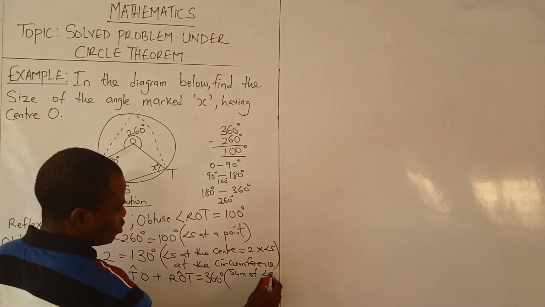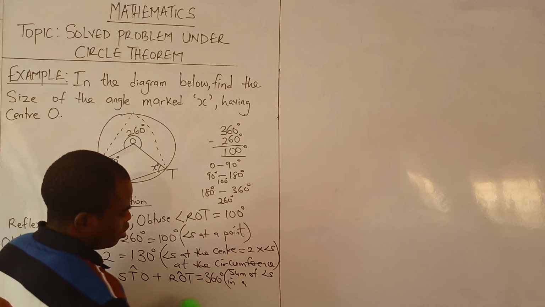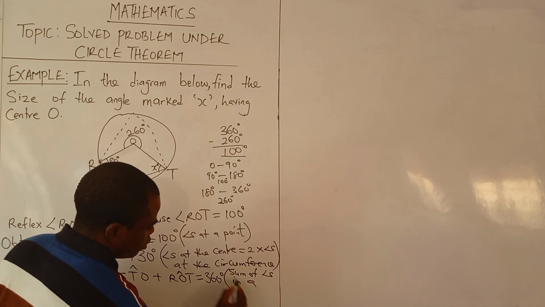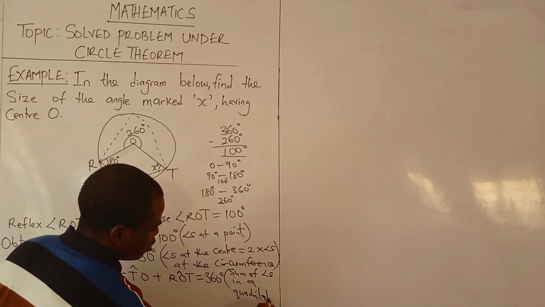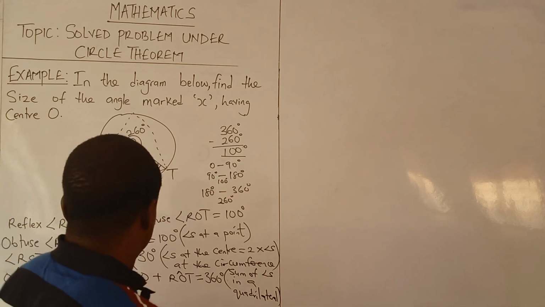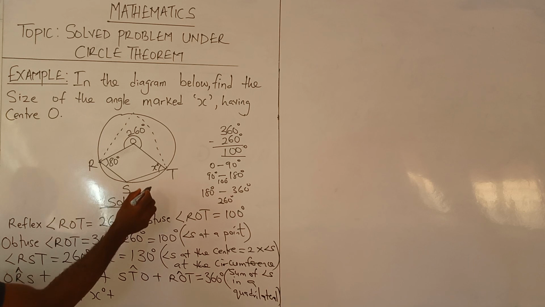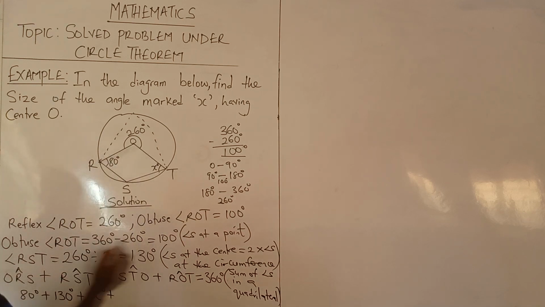Sum of angles in a quadrilateral. Okay, you now have ORS, which is 80 degrees, plus RST 130 degrees, plus STO, which is x degrees, plus ROT, which is 100 degrees, equals 360 degrees.